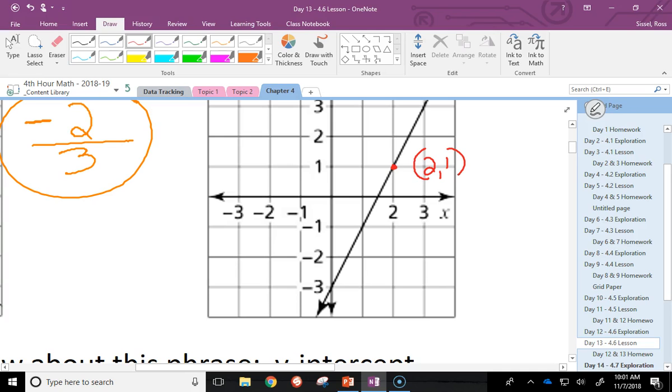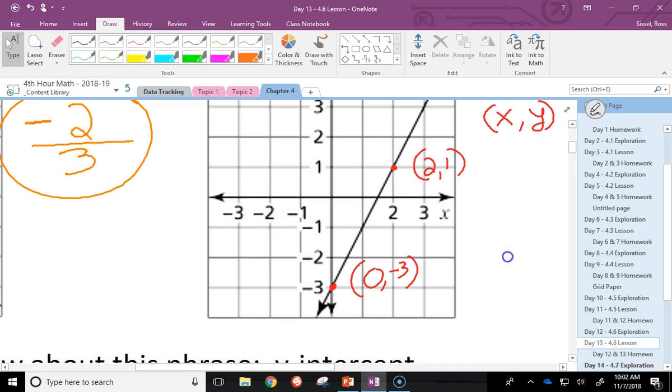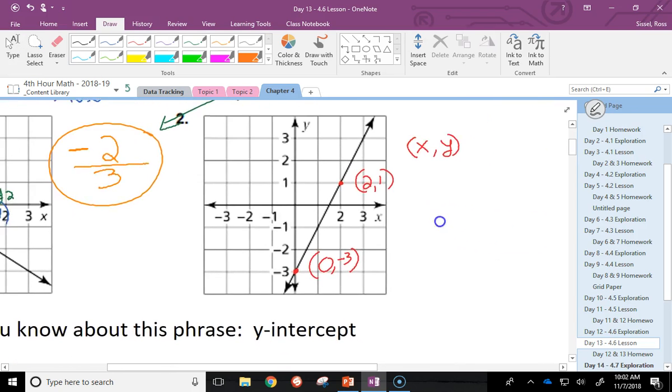Donovan? -3. How would I say this? What's the coordinate for it? 0, -3. Remember, all of our coordinates always go the x coordinate, then the y. 0, -3. All right. You have that.